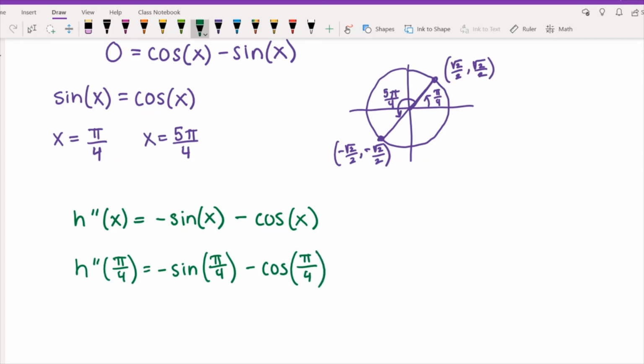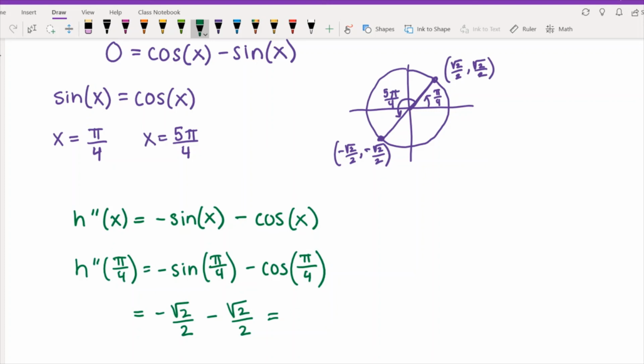So what is sine of pi over 4? Well, it's root 2 over 2, and so it's going to be negative root 2 over 2. And then cosine of pi over 4 is also square root of 2 over 2. And so you don't even really have to finish this off. If you're just trying to figure out whether it's positive or negative, which is all you need to figure out if it's a local max or min, you can already tell it's negative.